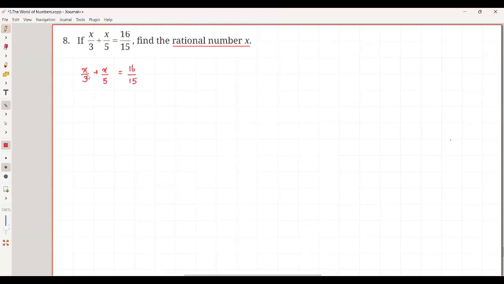By seeing it itself, I can say both have x in common. x is the common factor. I can just take x outside. So here we'll have x into 1 by 3 plus 1 by 5 is equal to 16 by 15.